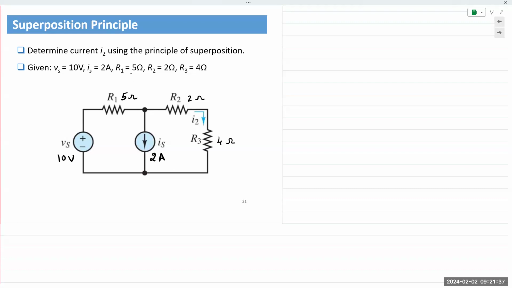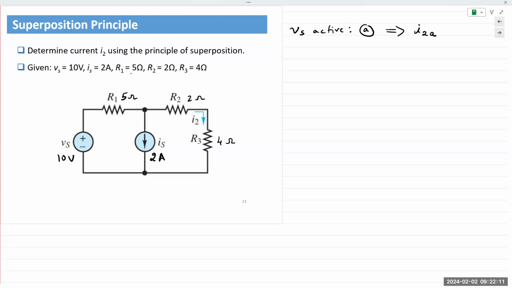Okay, so let me set up the problem first. What I will say is, if VS is active, I'm going to note it as circuit A, and hence the current I2 because of voltage source VS, I will note with a subscript of A, I2A. When you are solving and doing a setup of the problem, you can use any notation you want.